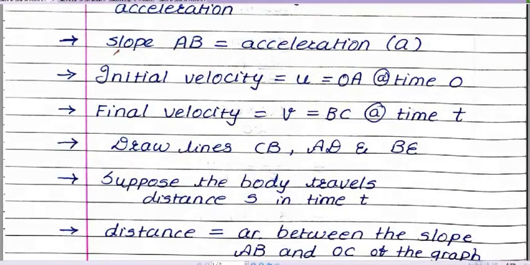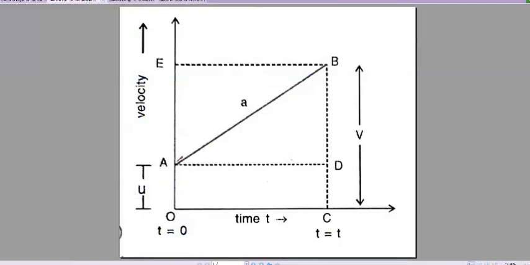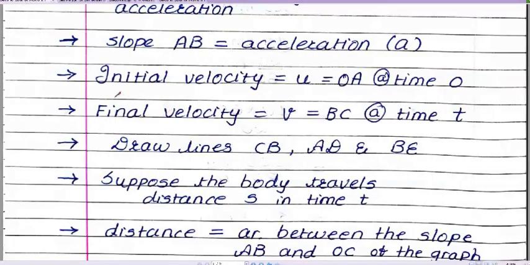See, first thing, slope AB, it is acceleration, that is a. So this slope AB is acceleration. This indicates acceleration, that is a. Then initial velocity.